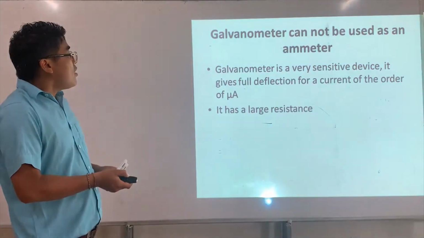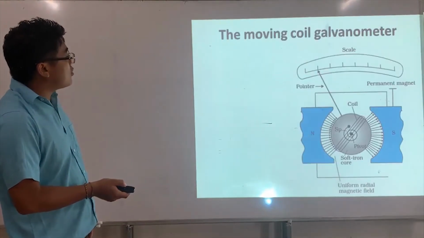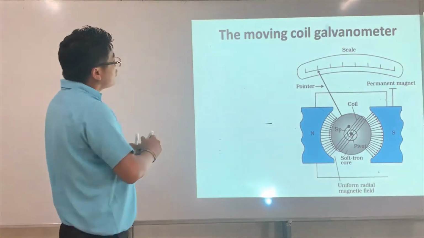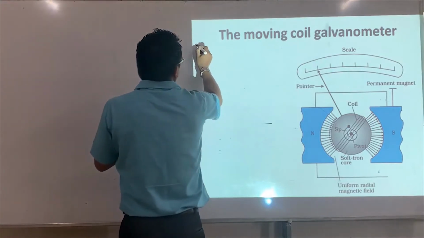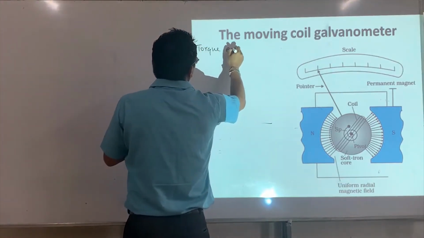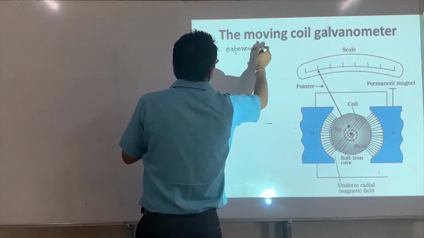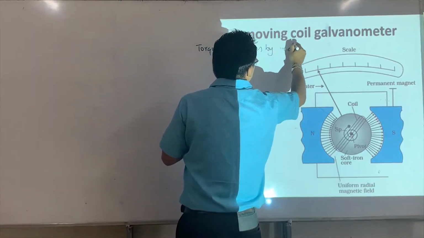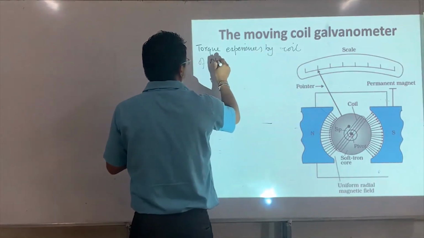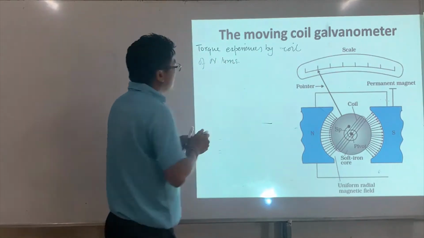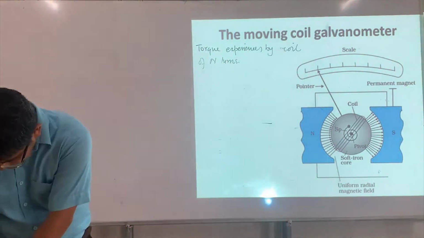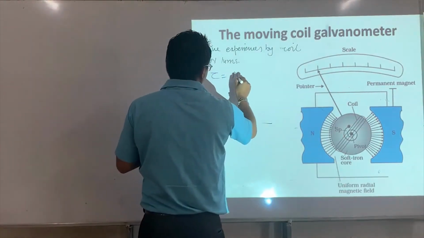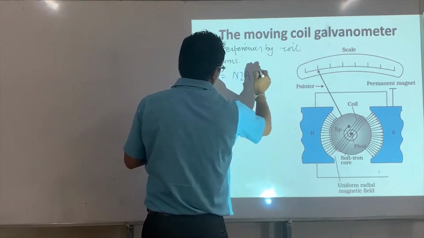Alright. Now I would like to do the working part. So the torque experienced by a coil of n turns is NIAB.